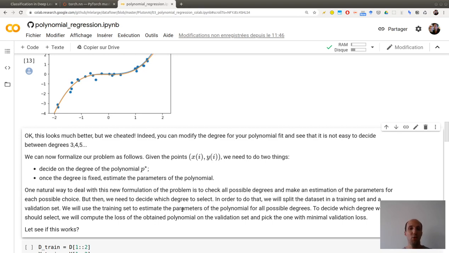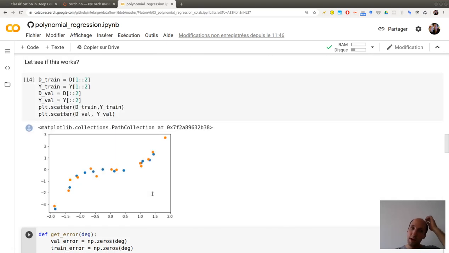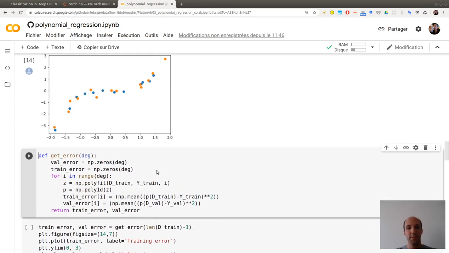And now to decide which one of these polynomials you will pick, you will take your validation set and see if the error is small on this validation set. Okay, so let's see how it goes. So I'm defining here my training set in orange, or perhaps the opposite. The training set is blue and the validation set is in orange.